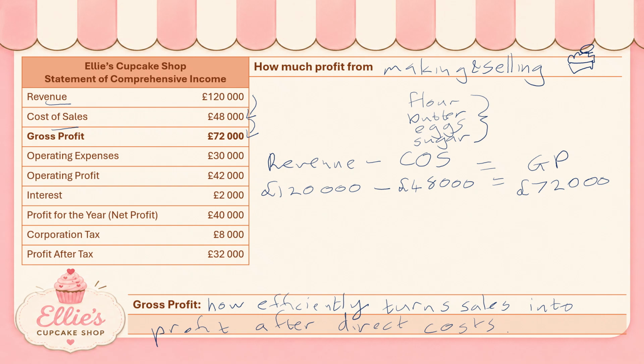A high gross profit suggests that the business is controlling production costs.